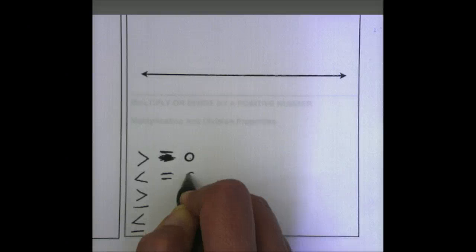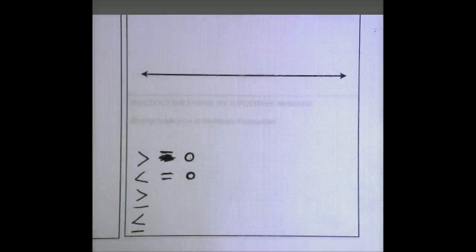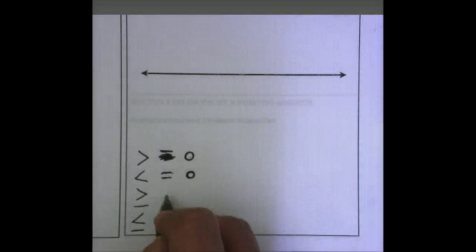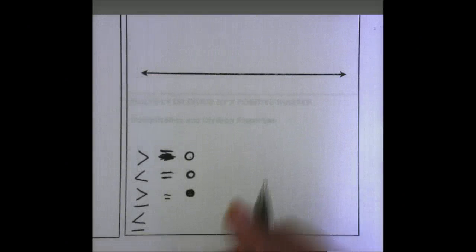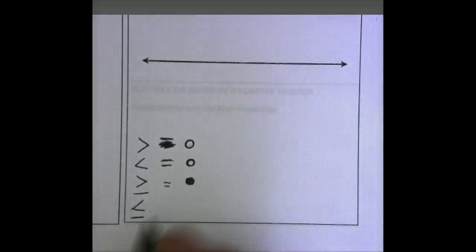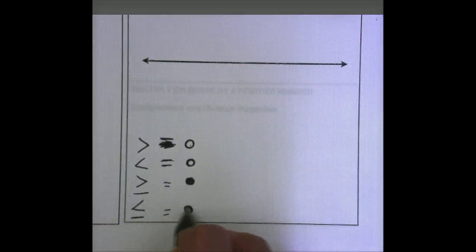Less than is also going to be an open dot. Greater than or equal to is going to be a closed dot. We'll talk about why in just a minute. And less than or equal to is going to be a closed dot.